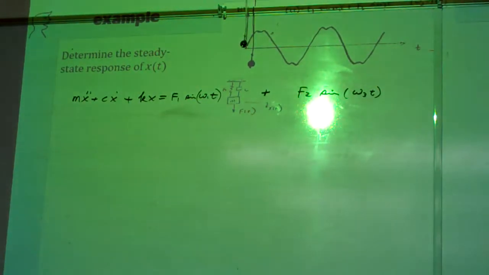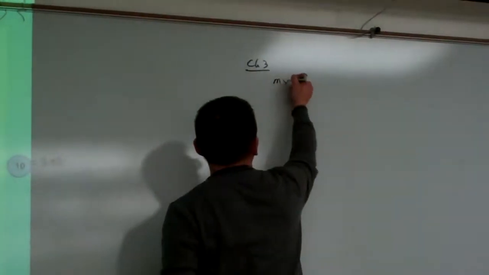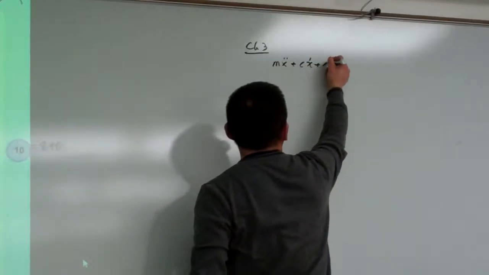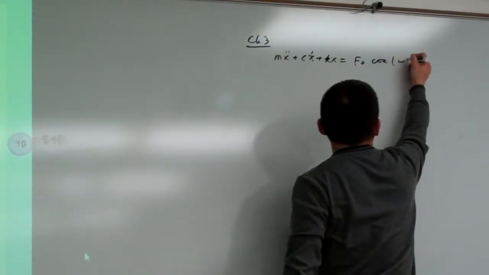So earlier, in chapter 3, what we have learned is this template: m x double dot plus c x dot plus k x equals F0 cosine omega t.